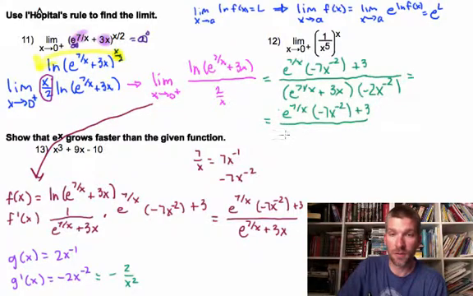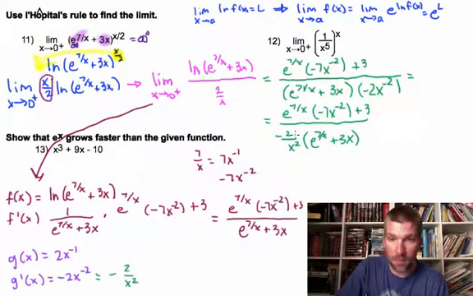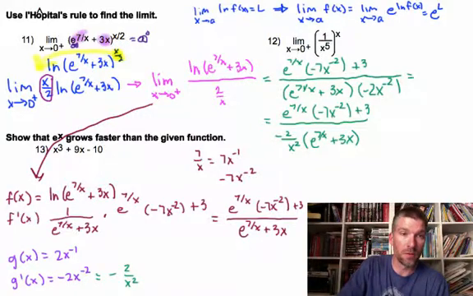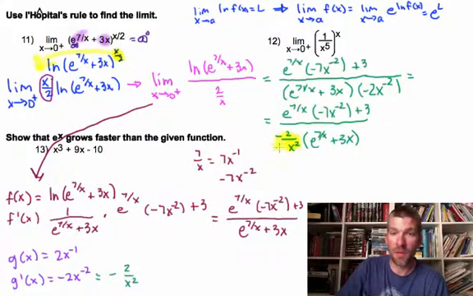And then here goes this first guy, negative 2 over x squared times 7 over x plus 3x. All right, so I can multiply by the reciprocal of this.